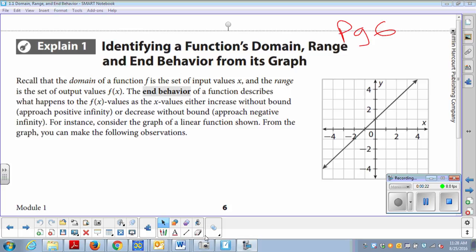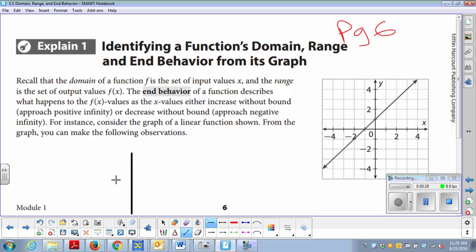Okay, so if you have a number line, and a lot of people remember it as X and Y, as you put in values for X, you'll get values for Y. All the values you have for X are your domain, and all the values you have for Y are your range.